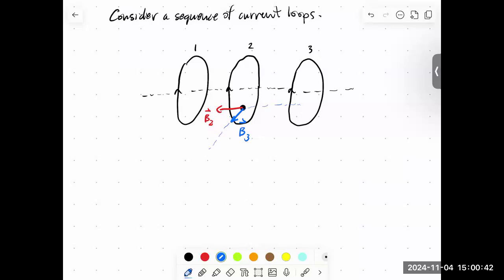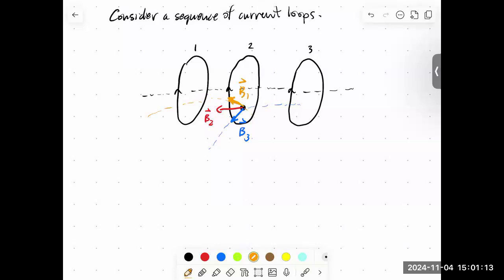And then if I was to draw the field due to loop 1, B1, there's going to be some kind of field that's looping around like so. And so at this point, the B1 is something like this.